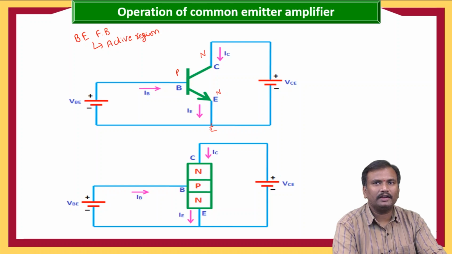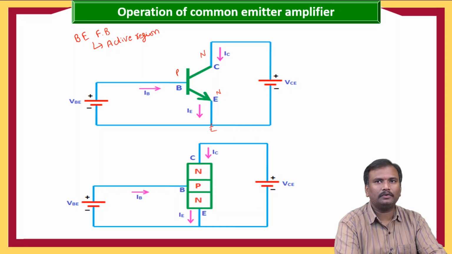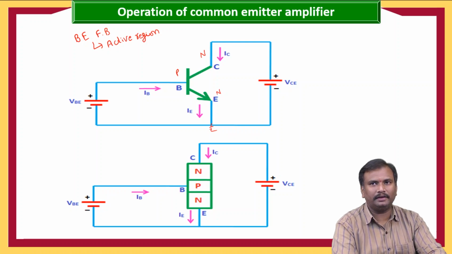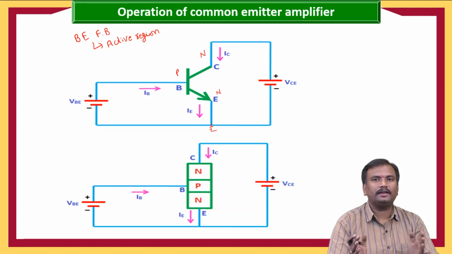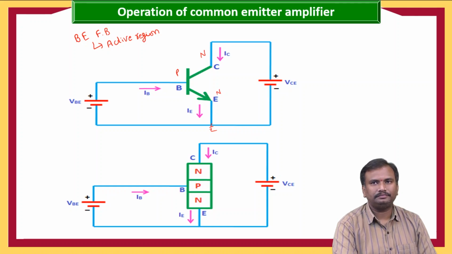When the depletion layer is reduced, at a certain voltage, conduction will take place from base to emitter junction. Here the negative voltage is given, and in the N-type layer also the electrons will move towards the junction, so that we get a narrow depletion region between the base to emitter junction.